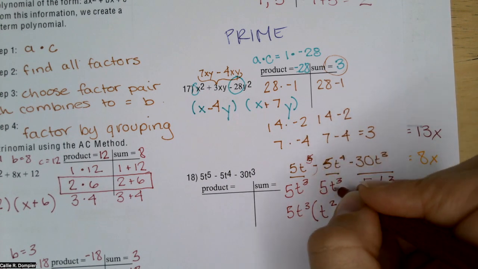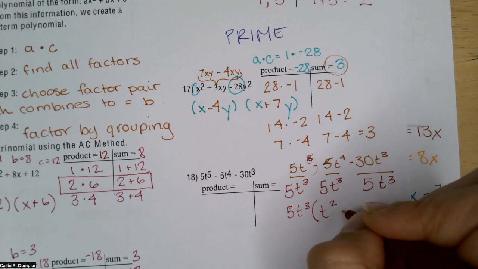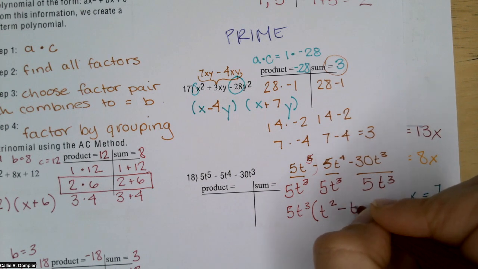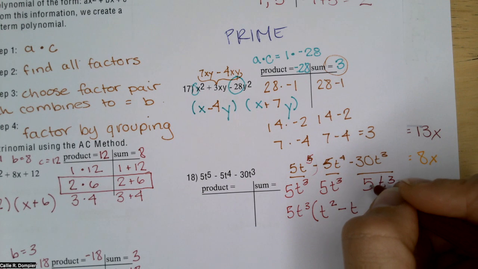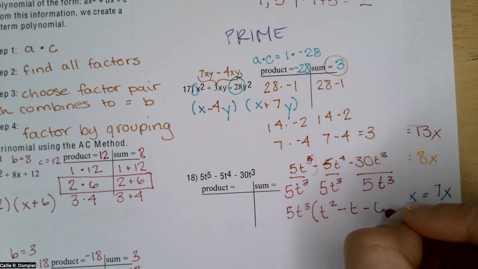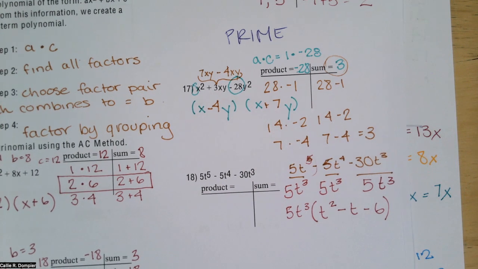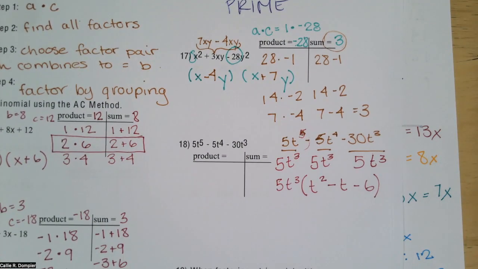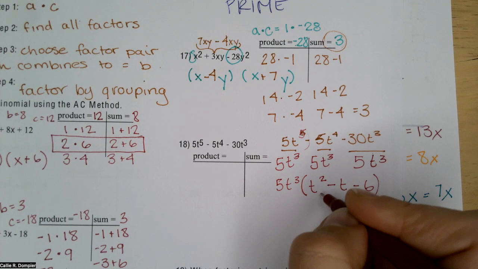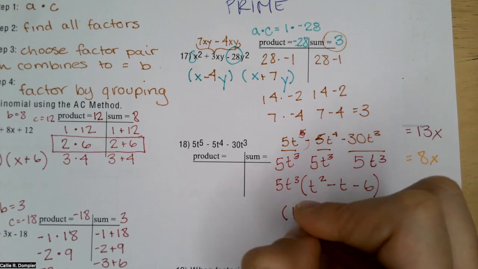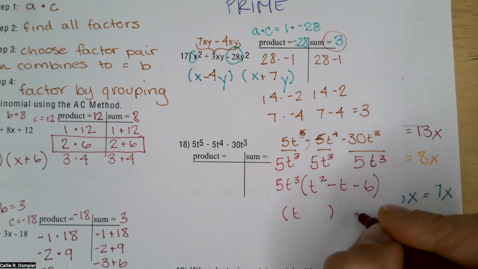Negative 5t to the 4th divided by 5t to the 3rd is a negative t. Negative 30 divided by positive 5 is a negative 6. t to the 3rd divided by t to the 3rd eliminates the t to the 3rd. So all I'm doing here is finding the factors of t squared minus t minus 6.